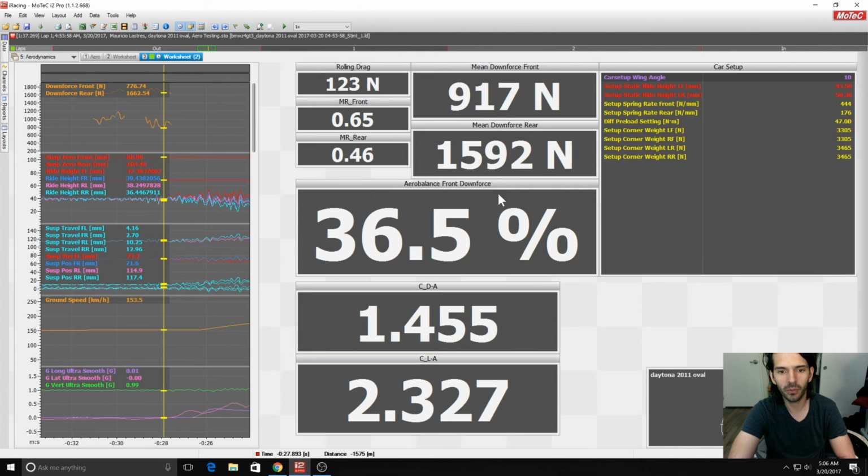The most useful number out of everything here is the downforce center of pressure, and basically, as you're changing the rear wing, you're shifting that center of pressure back, back, back. So that's basically like the cousin of the center of gravity. Gravity is acting at a certain point.